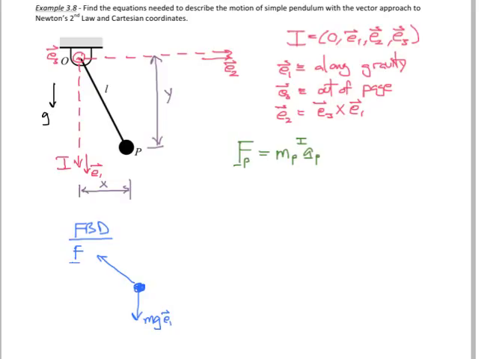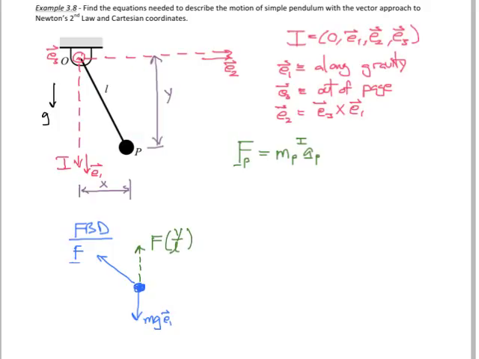But what we can do with this constraint force is proportion it in the E1 and E2 directions. We do that by looking at the distance y, which is our Cartesian coordinate, and then the actual length L. So the component in this vertical direction is going to be a proportion of y over L. So it's the scalar magnitude F, y over L. The way that we've drawn this is pointing up, and positive E1 is down.